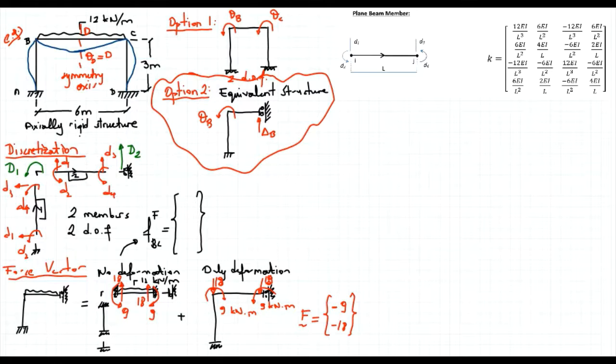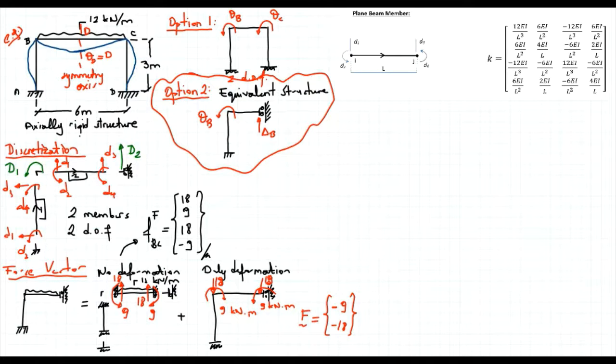So the first degree of freedom is shear in the upward direction. I got 18 kilonewtons in the upward direction. Second degree of freedom, moment in counterclockwise, I got 9 in counterclockwise direction. This is 18, and this is -9. The fixed end force vector for the second member, for member BC, is as follows.